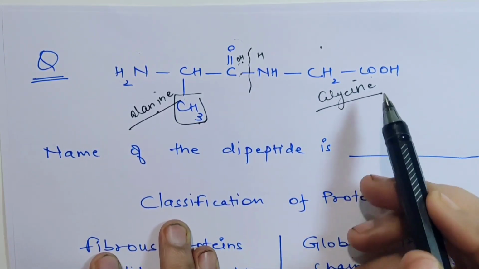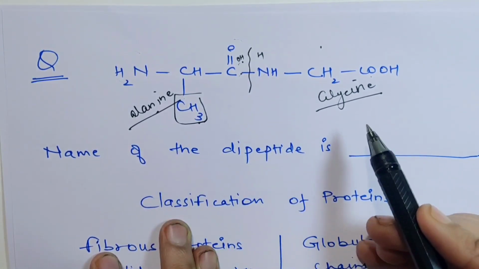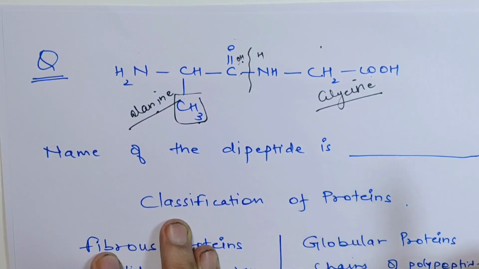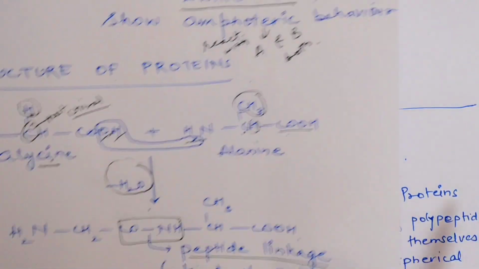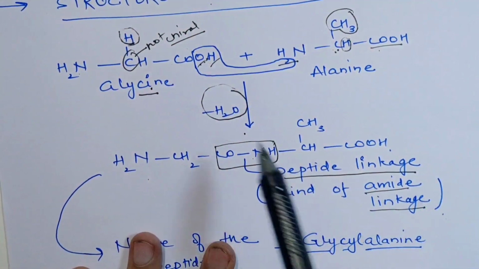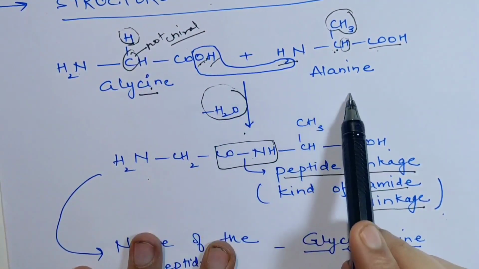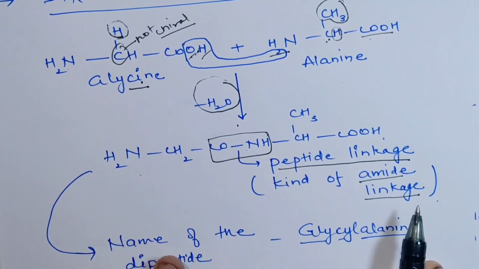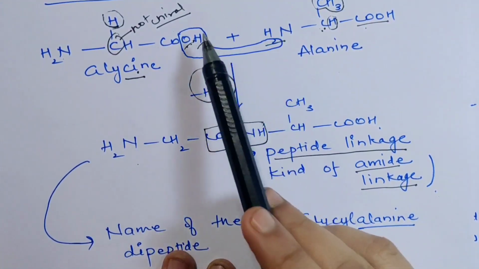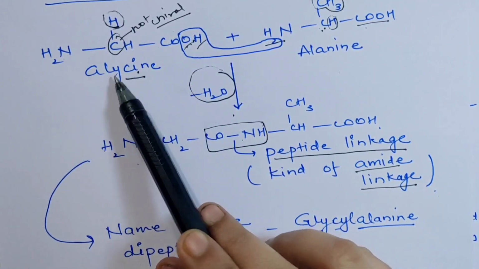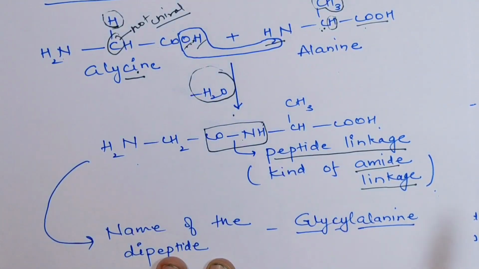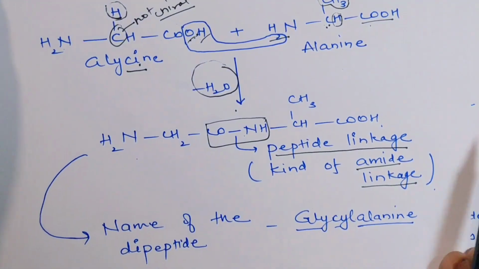These two are very simple to remember. So you may not be given the structure of the amino acids, but in other cases, you will be given the names also. For example, here we have told you that this one is glycine, this one is alanine. So you'll just have to say that the one donating 2 atoms would be named first. So the dipeptide would be named as glycylalanine.